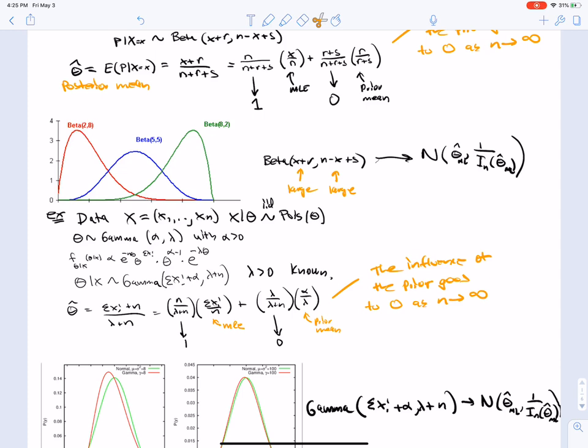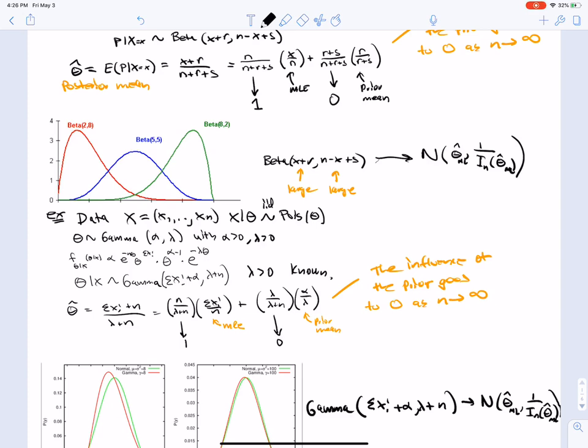Another example: we have x, IID Poisson with parameter theta, where theta is gamma(alpha, lambda), with alpha and lambda known. Then we can write the posterior density as proportional to the likelihood times the prior density.